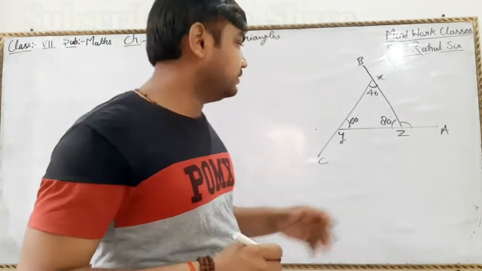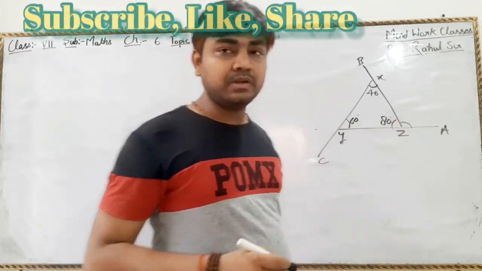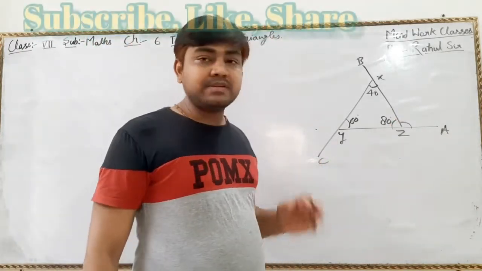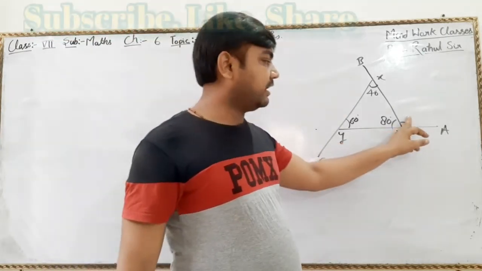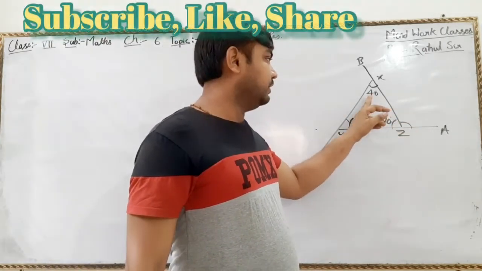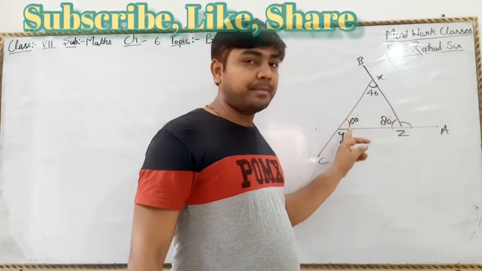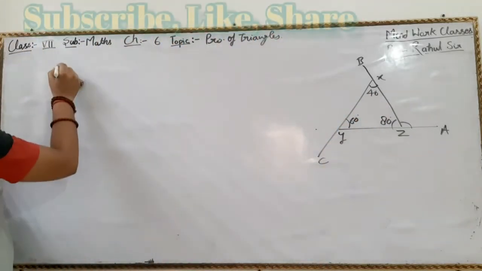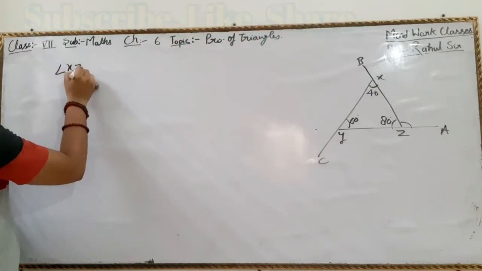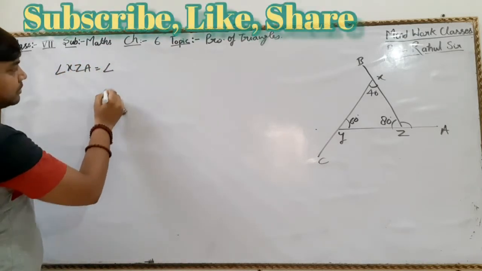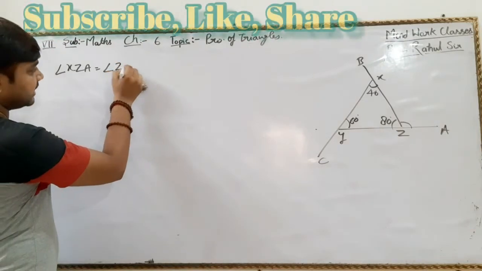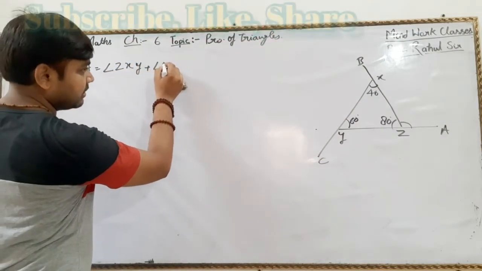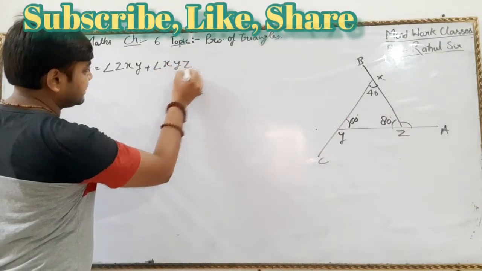Now we can find out this value with the help of the property of exterior angle. What is the property here? The exterior angle is equal to the sum of opposite two angles of the triangle. So angle XZA is equal to angle ZXY plus angle XYZ.